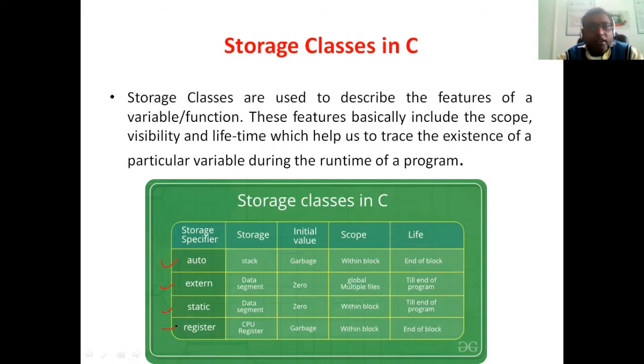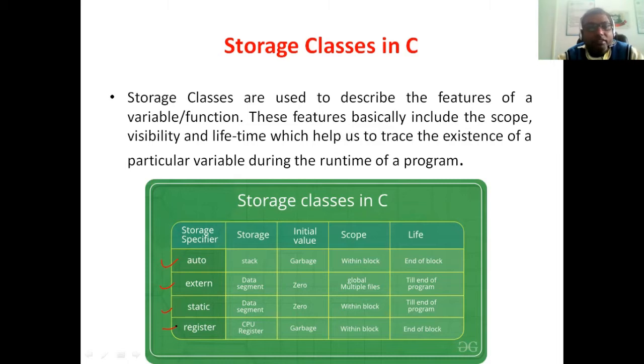Whenever we are going to declare a variable, you need to specify the storage specifier in front of it. So storage classes are basically divided into four types: automatic, external, static, and register.